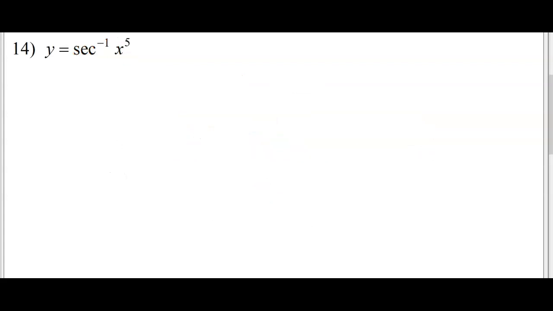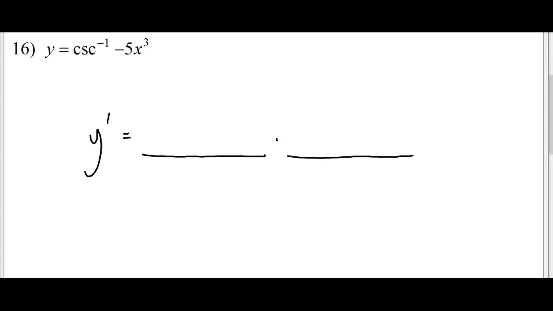Let's go ahead and move on to number 16. So now we're doing arc cosecant. All right. So my outside function is the arc cosecant. And my inside function is the negative 5x to the 3rd power. So the derivative of arc cosecant is just like the derivative of arc secant, which we did earlier.